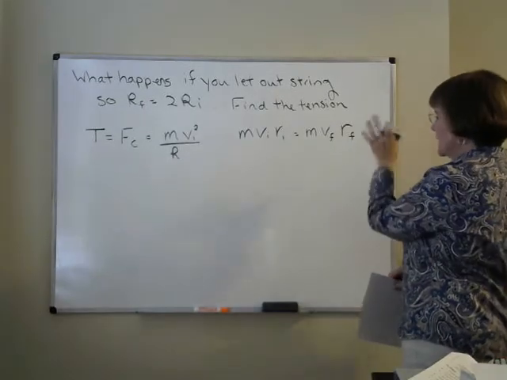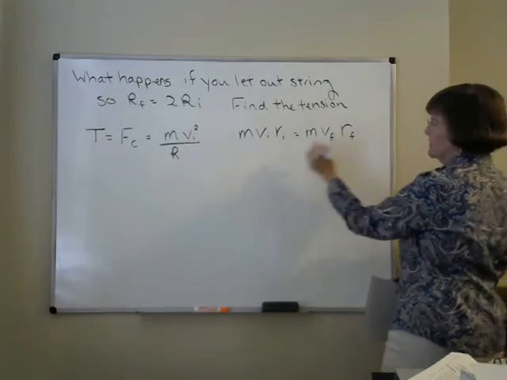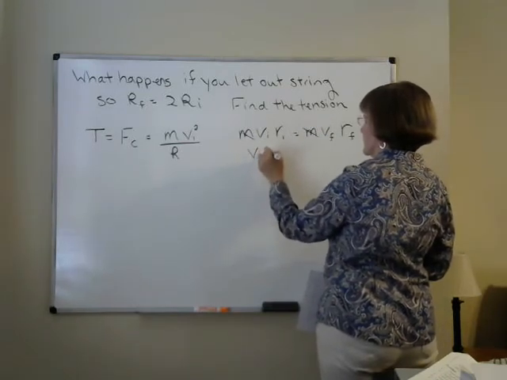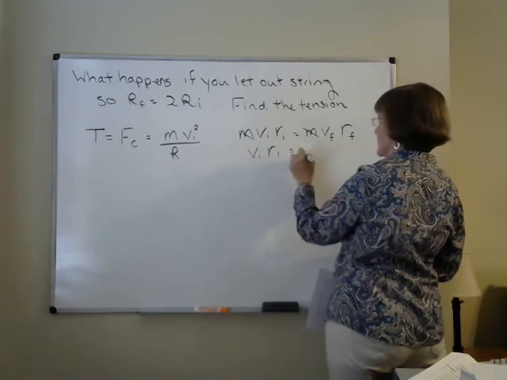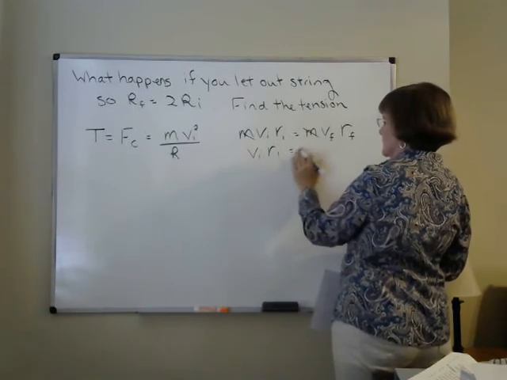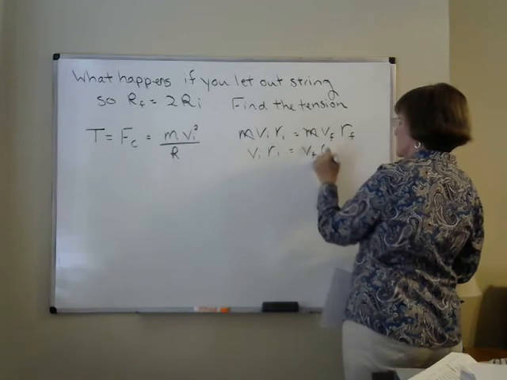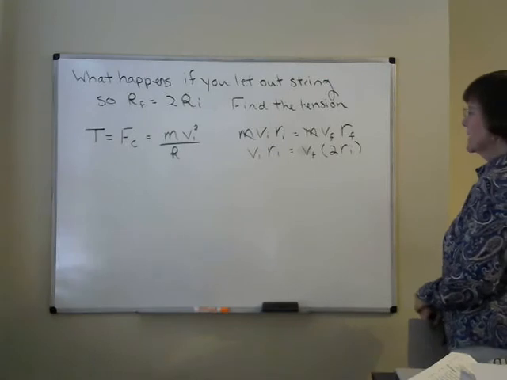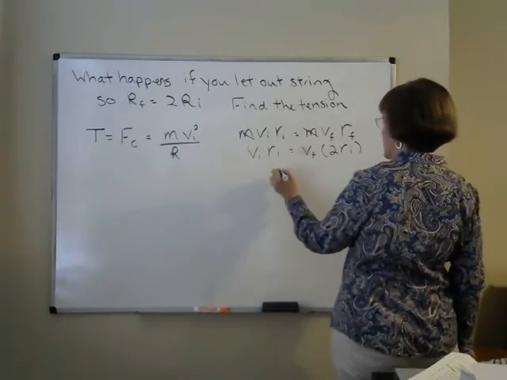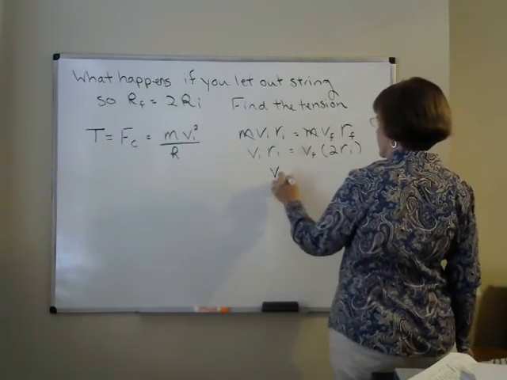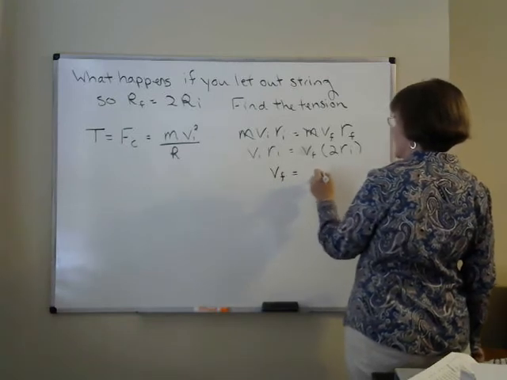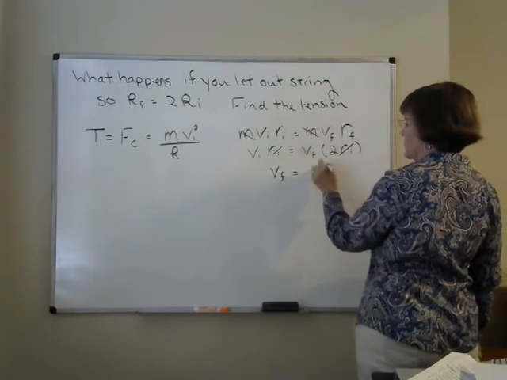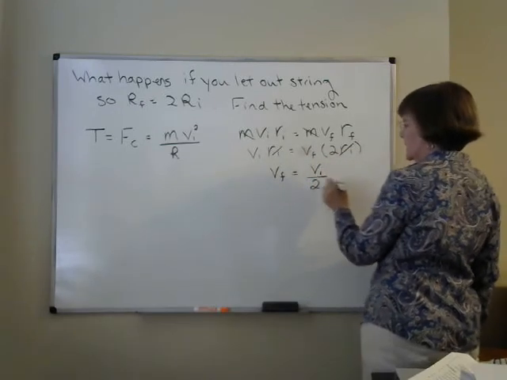If I double this, where it's twice as much, I can see that the final velocity is simply equal to, the r_i's cancel, the initial velocity divided by 2.